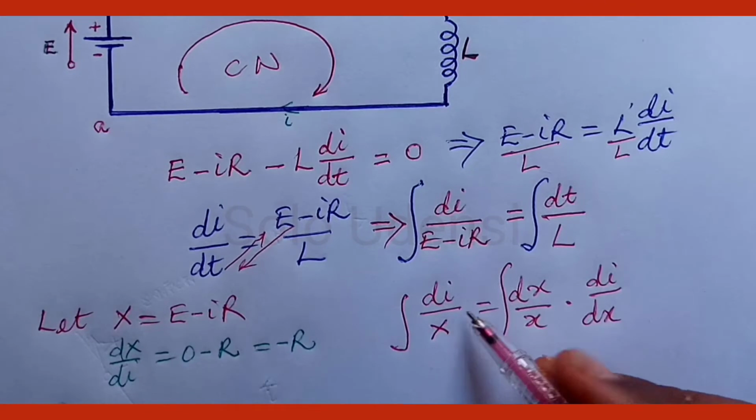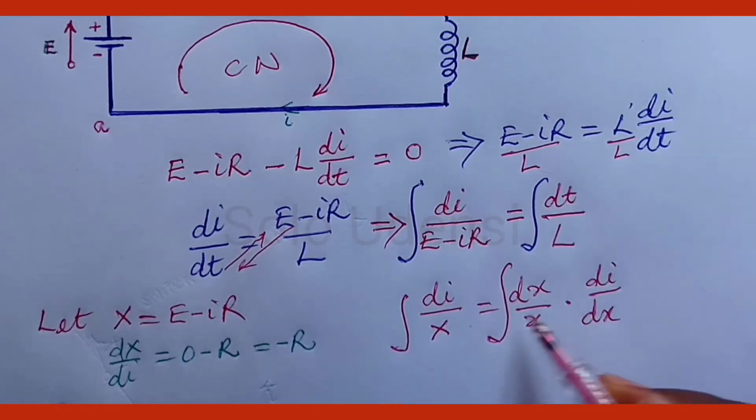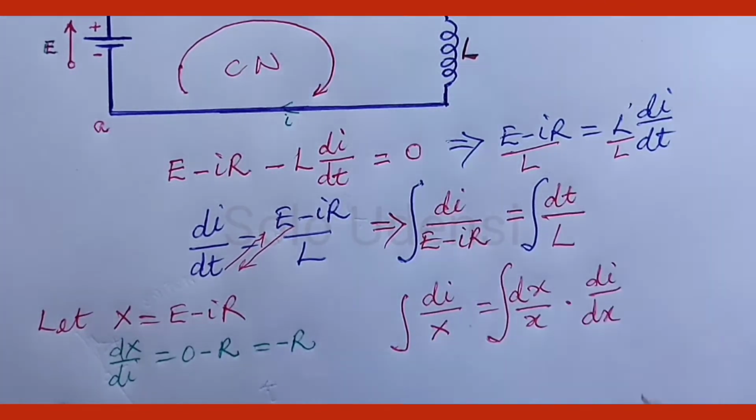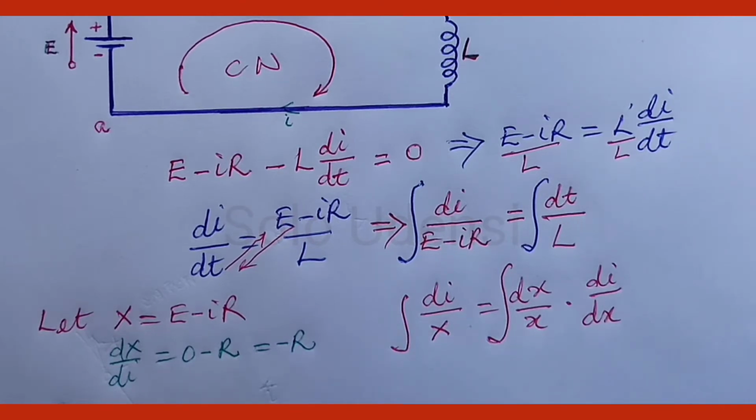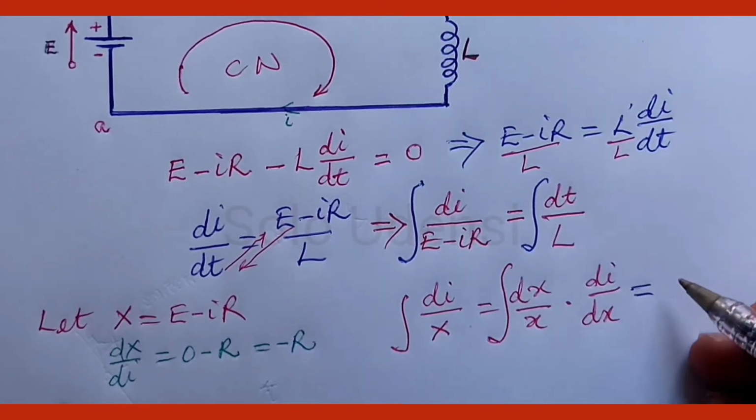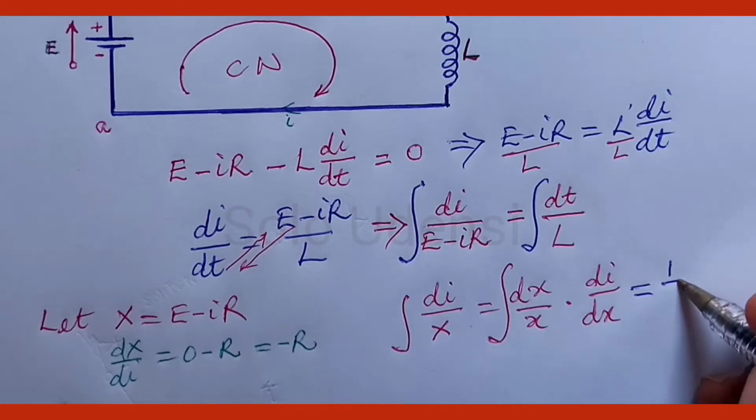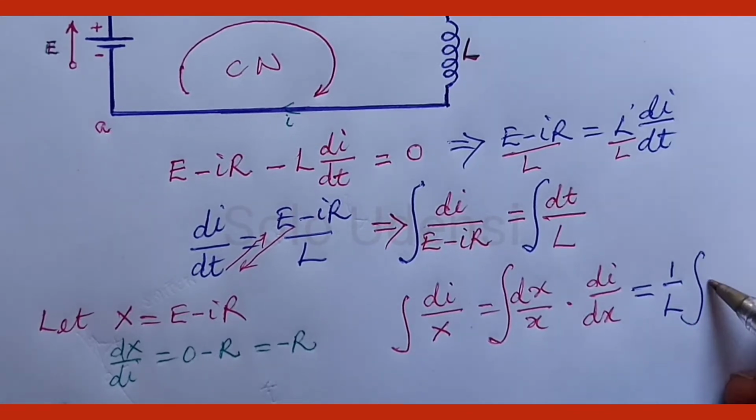We made some transformation, so that if this one divides this, you will still get back this. So this one is equal to 1 over L dt.